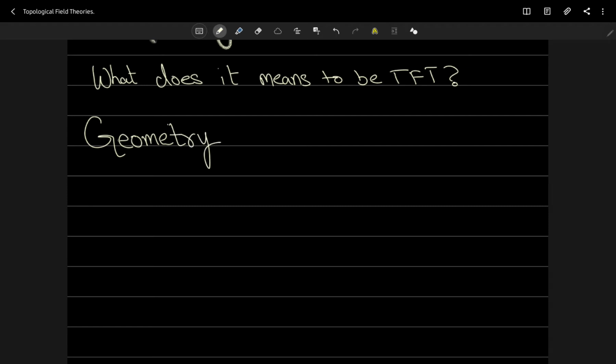In geometry, we talk about scale, and that means that if you stretch the geometry, it will change it. Then we have distance, and we have this property of being local.